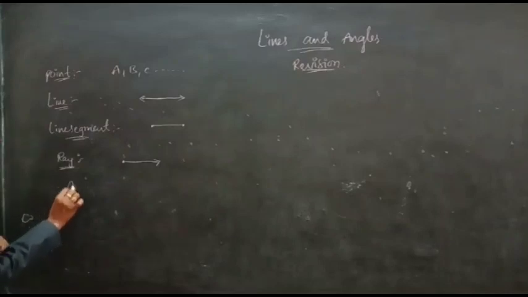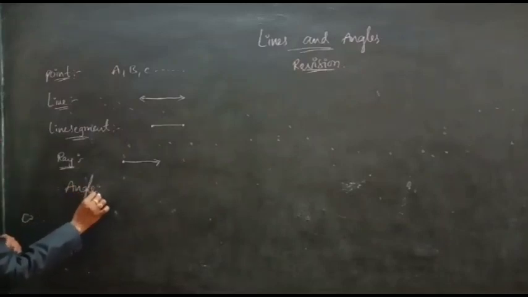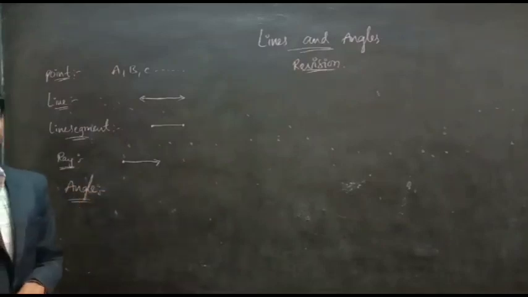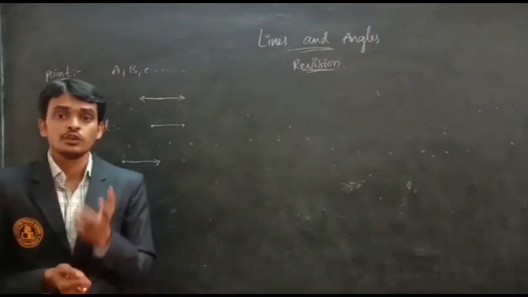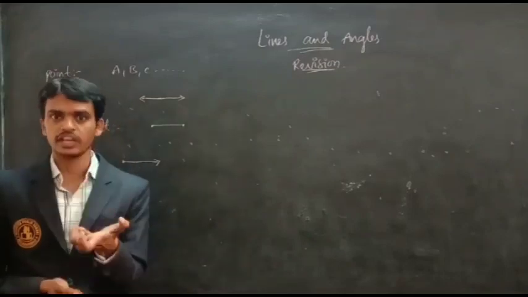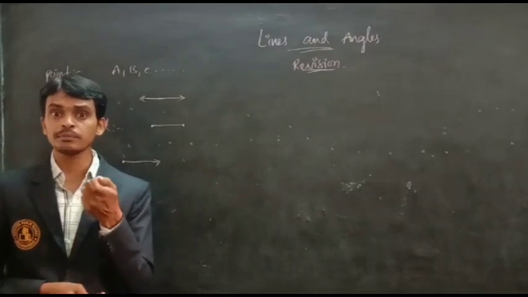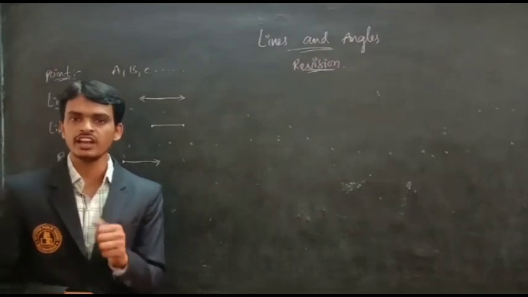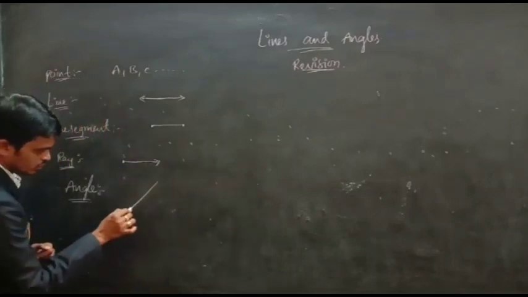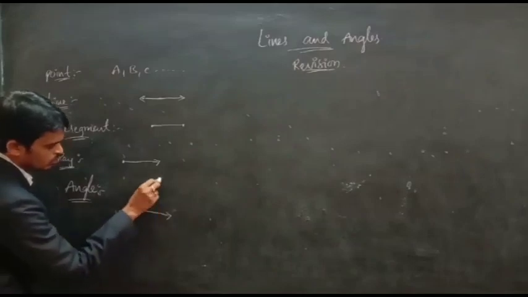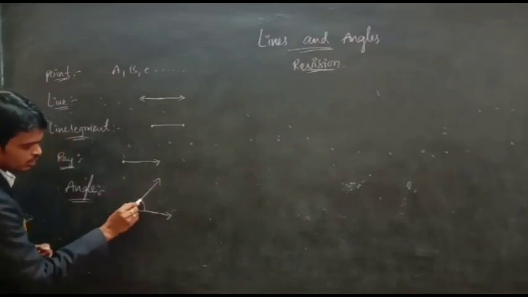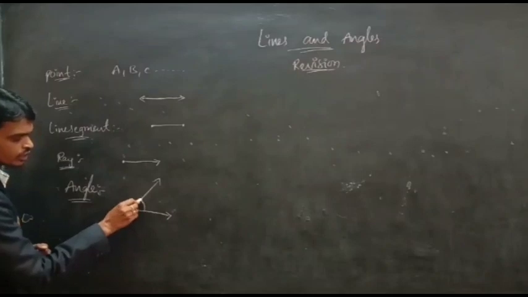Now, angle. The union of two rays which have a common end point is called an angle. This is the union. How did we form this union?